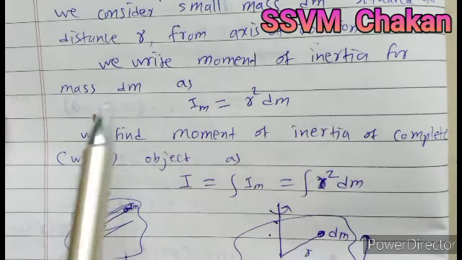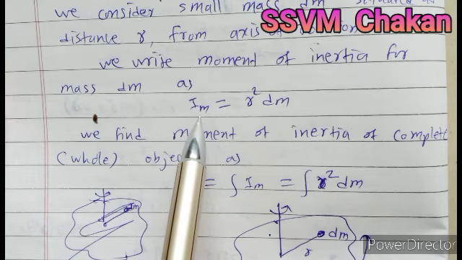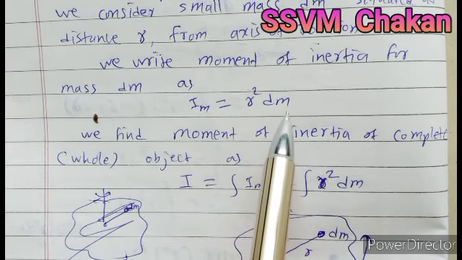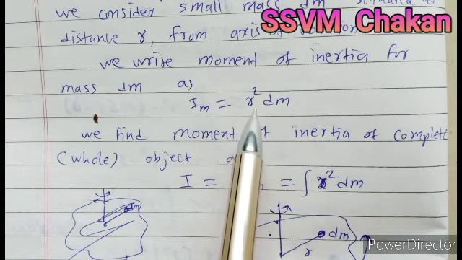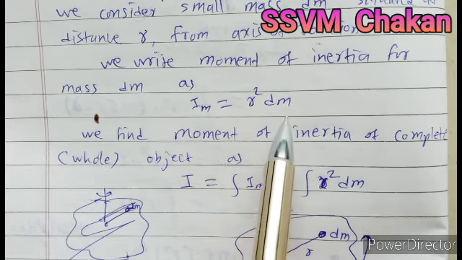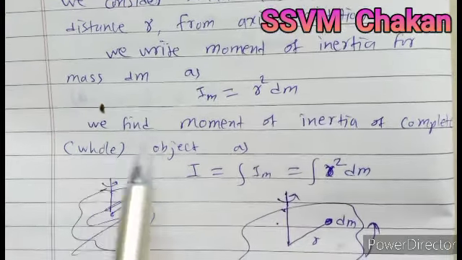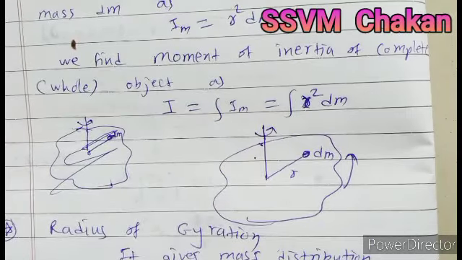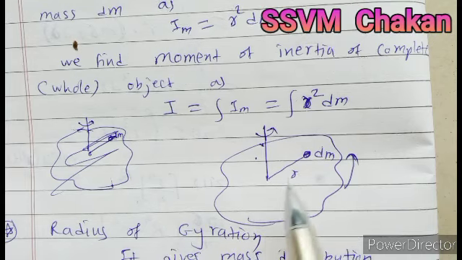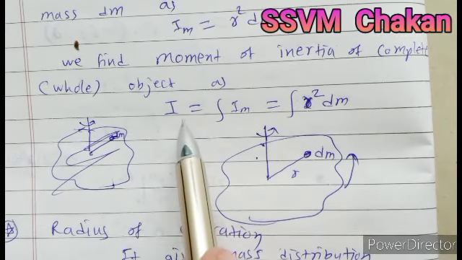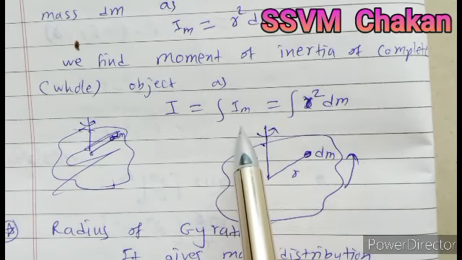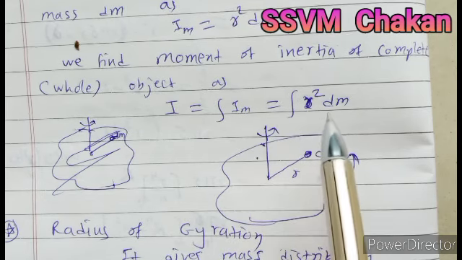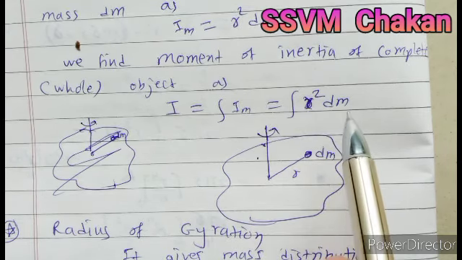The moment of inertia for mass dm is the distance square into the mass, so r square into dm. Now we find the moment of inertia of the complete body or object as I is equal to the integration of dI, which is equal to the integration of r square dm.